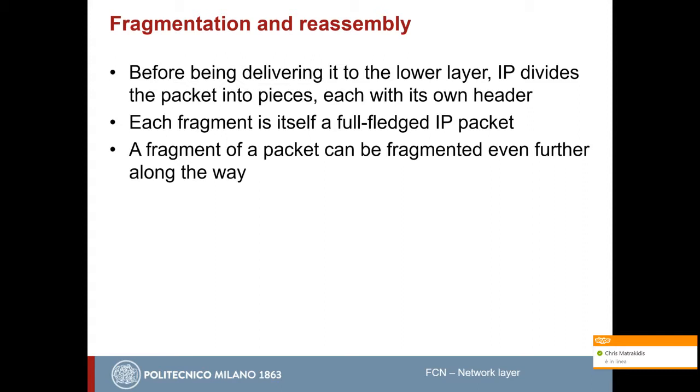Fragmentation can also occur in a recursive way. It may happen that fragments traveling after a first fragmentation meet another link with an even shorter MTU. So each fragment should be fragmented again. Okay? And this is possible.